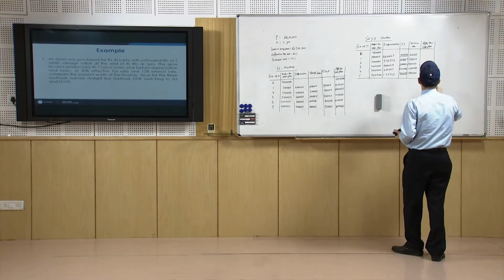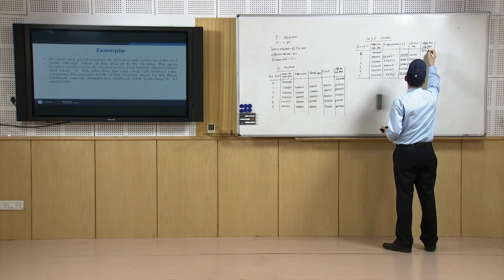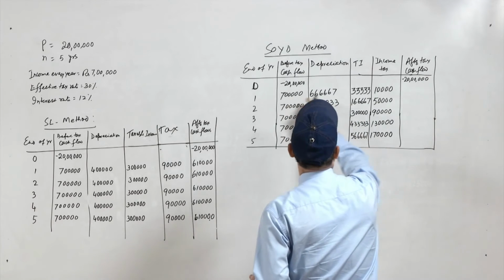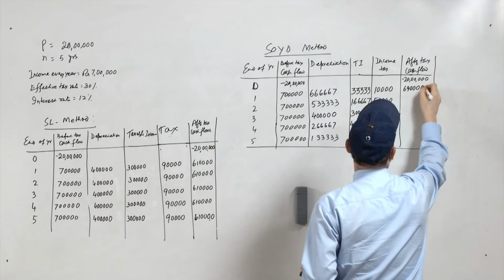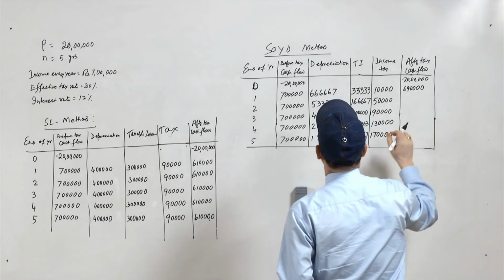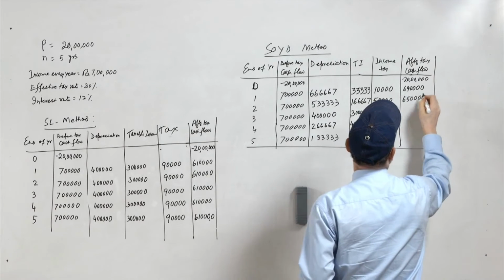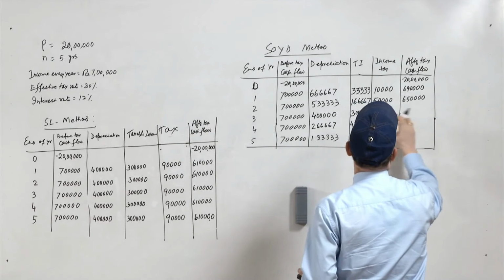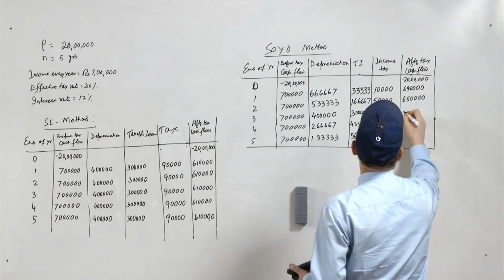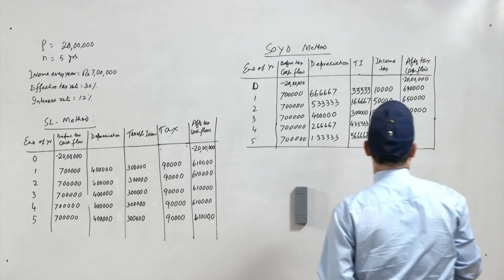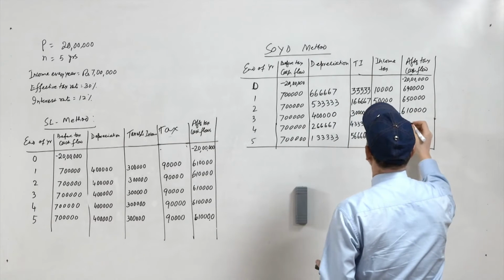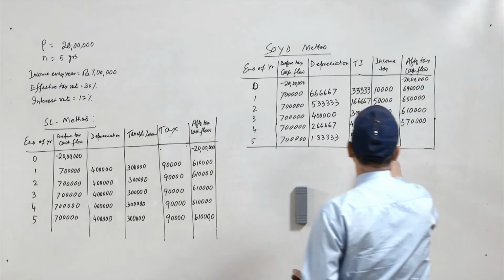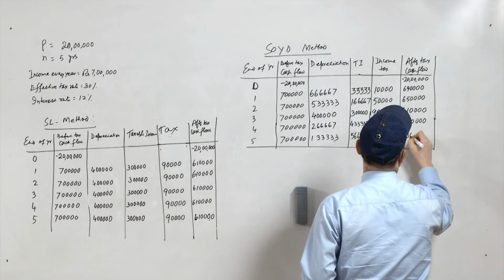Then the after tax cash flow is minus 20 lakh, and now your income will be 7 lakh minus 10,000, so 6,90,000. 7 lakh minus 50,000 is 6,50,000. 7 lakh minus 90,000 is 6,10,000. 7 lakh minus 1,30,000 is 5,70,000, and 7 lakh minus 1,70,000 is 5,30,000.